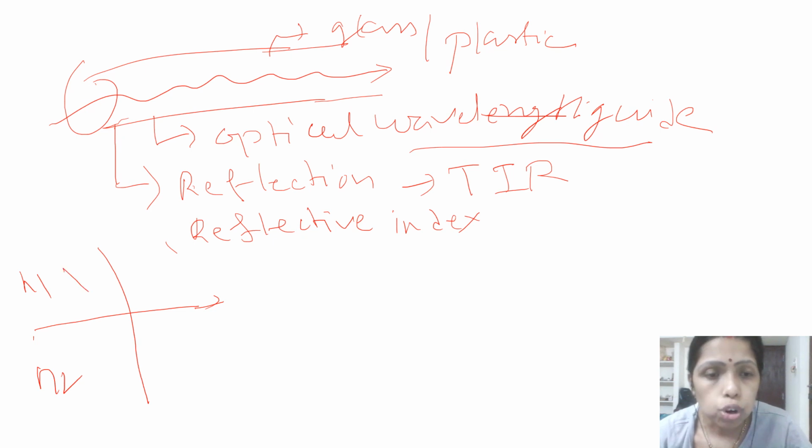Light is incident and it is refracted. The angle between the perpendicular and the incident ray is called theta 1, and the angle between the perpendicular and the refracted ray is called theta 2. What is Snell's law?